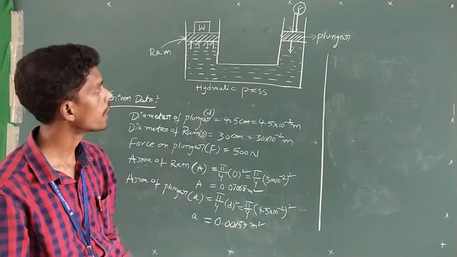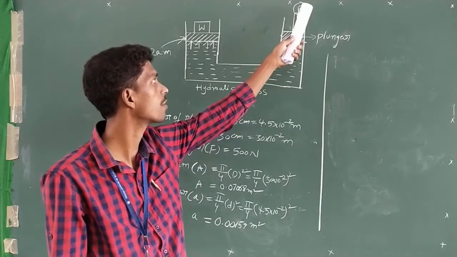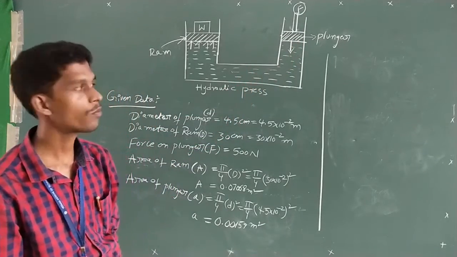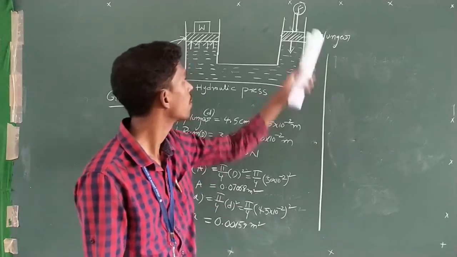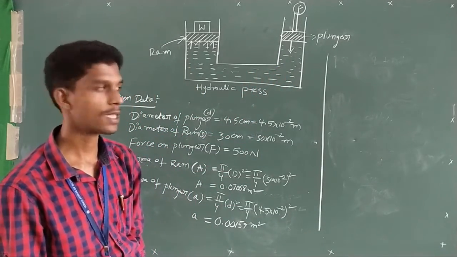Now he has given some force, 500 newtons. Let us calculate how much pressure intensity is occurring from this force. The formula: force by area of the plunger gives the pressure intensity.